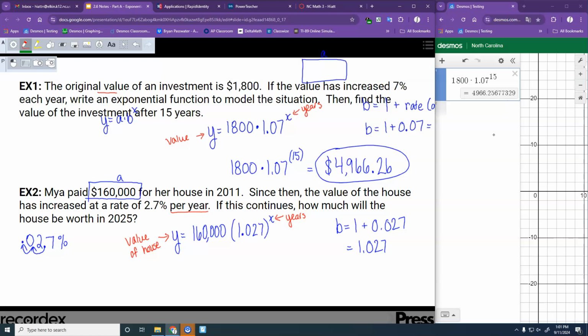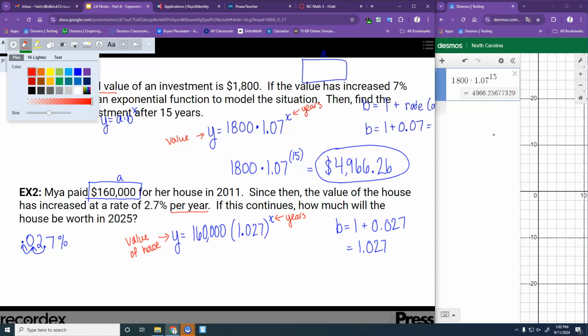There. So I want to know how much the house would be worth in 2025. In this particular case, I don't want to plug in 2025, because that would be 2025 years from 2011, because that's our starting value. Instead, I need to figure out the number of years that have gone by.